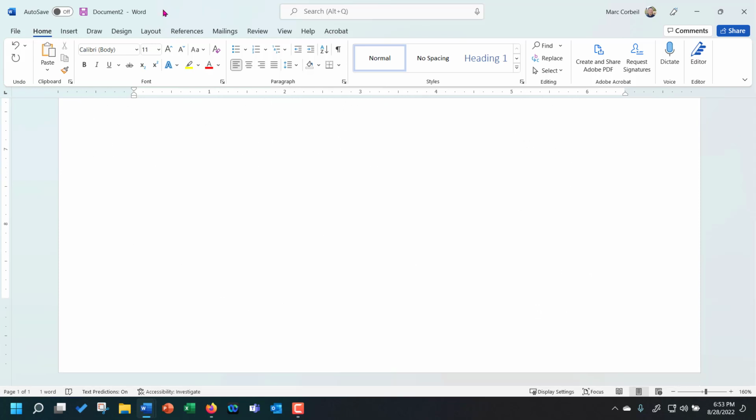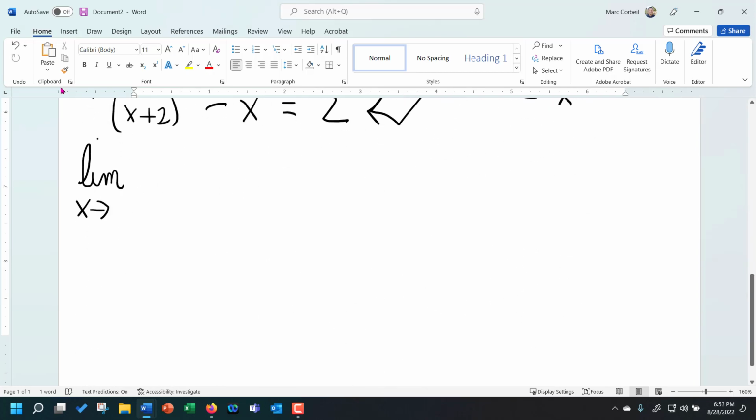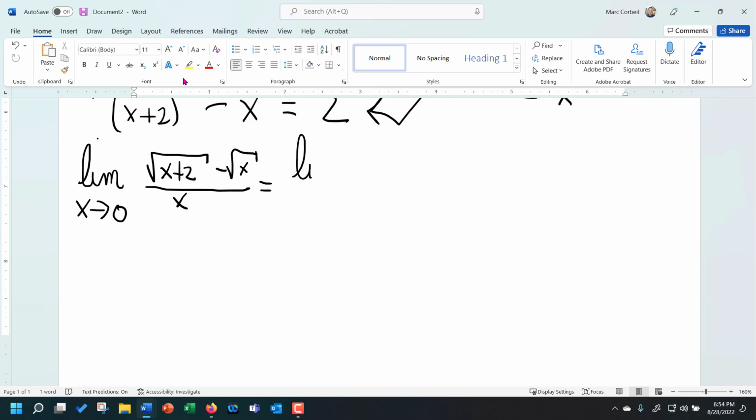So when we start, we would have that limit as x approaches 0. We'll start with our original expression: the square root of x plus 2 minus the square root of x, all over x. We said it was 0 over 0, so we're going to do this. Notice I have to rewrite the limit again. Now I'll write the square root of x plus 2 minus the square root of x, all over x.